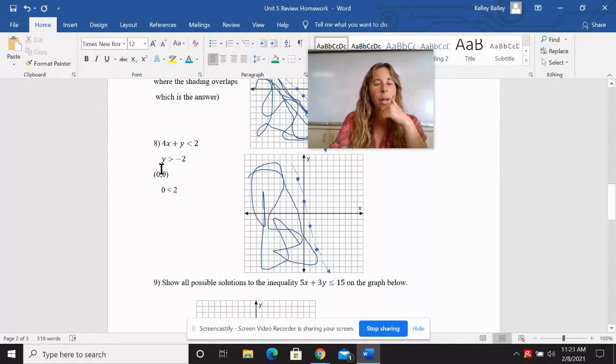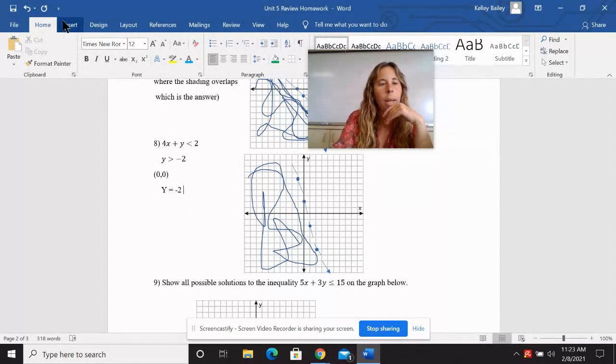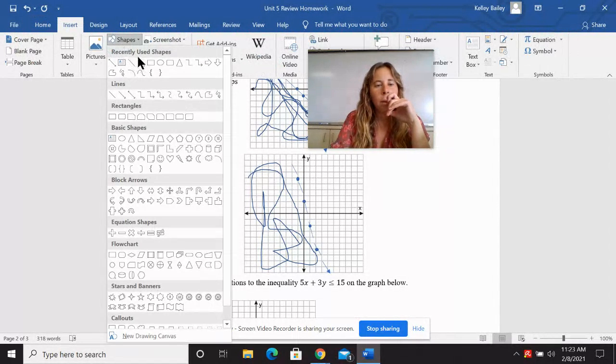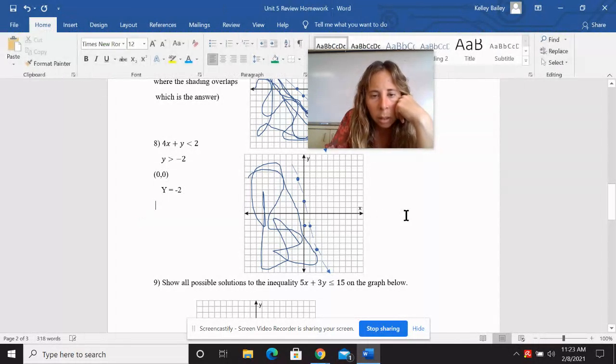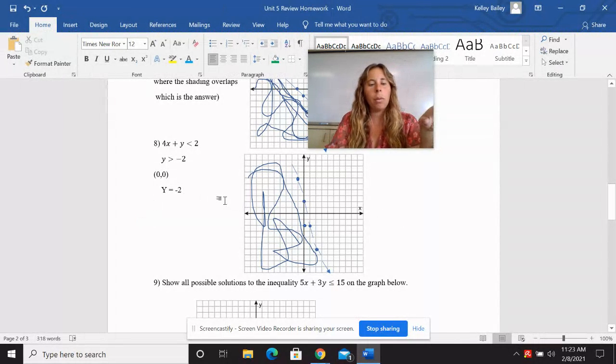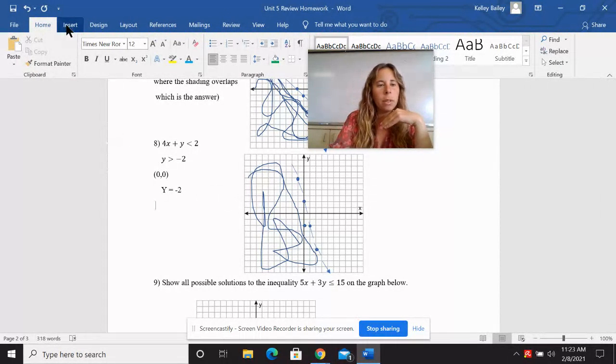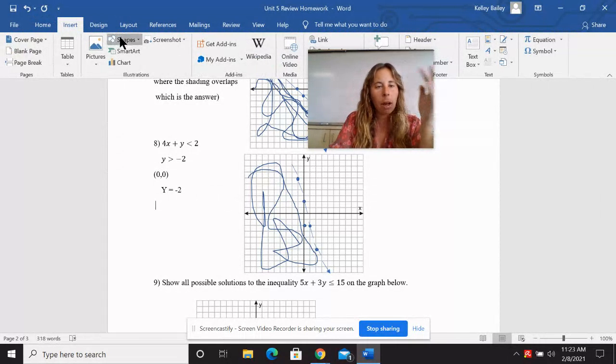And then the other one, you have y is greater than -2. So that means you have to graph the line y equals -2. Okay. y equals -2. That's right here. The slope is 0. Doesn't matter what x is, y is always -2. All right, so you would put, once again, a dotted line.